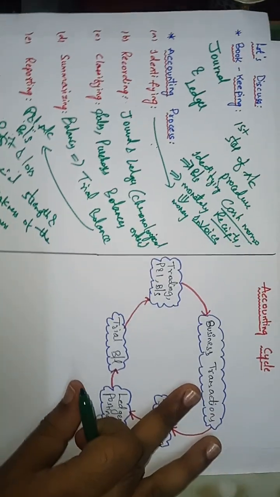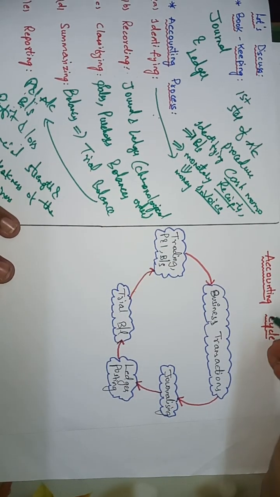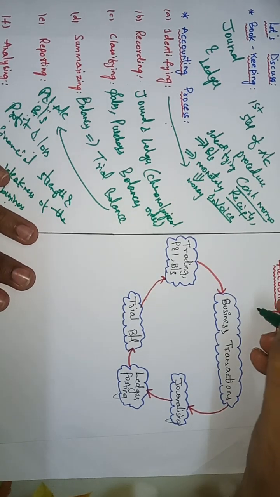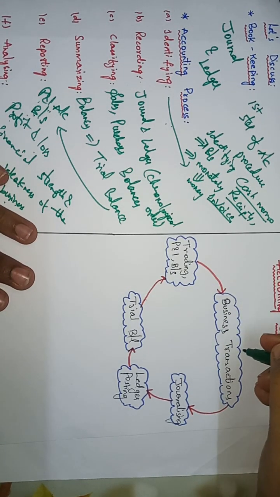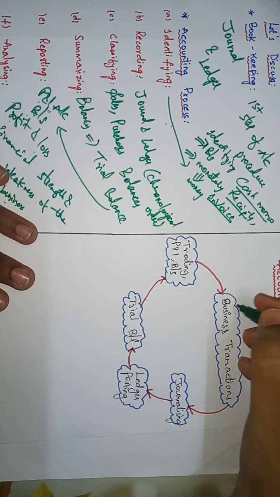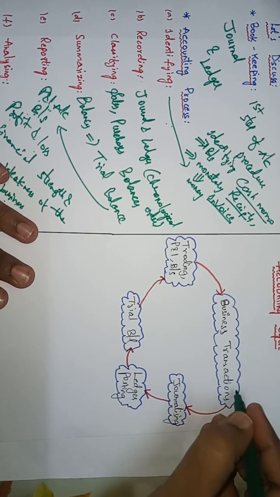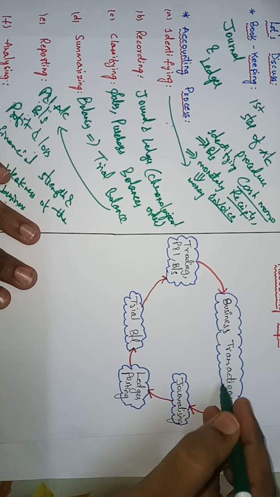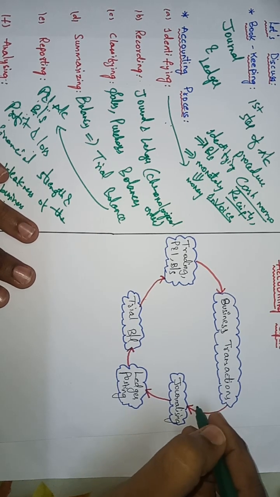Now, what is the accounting cycle? An accounting cycle refers to the process of the accounting system. Whenever a business transaction occurs, these transactions are recorded. Bookkeeping is done by the clerks. These business transactions are first recorded in the journal.